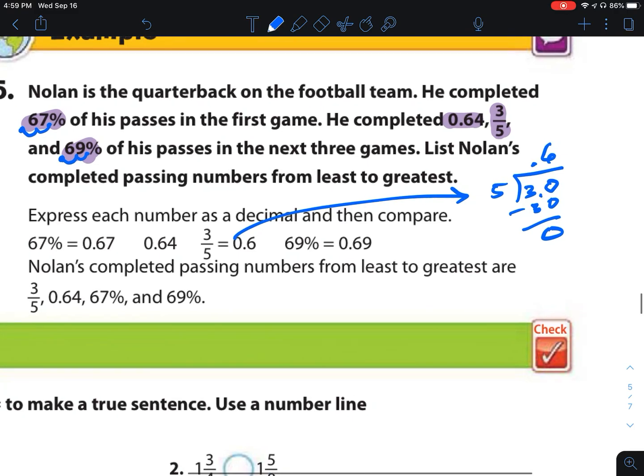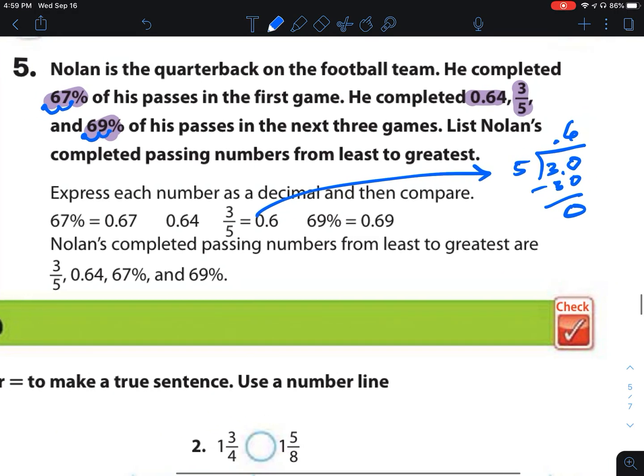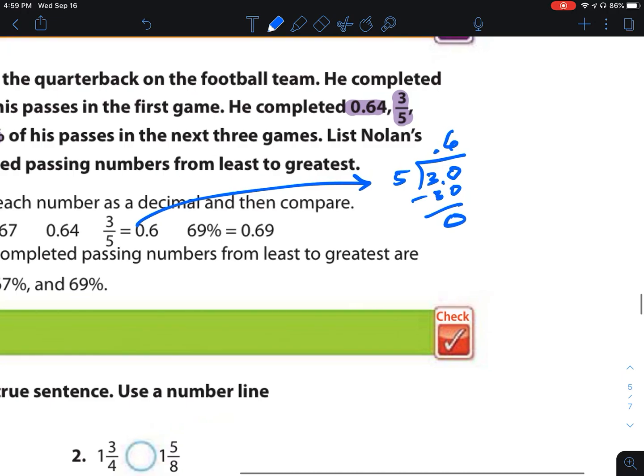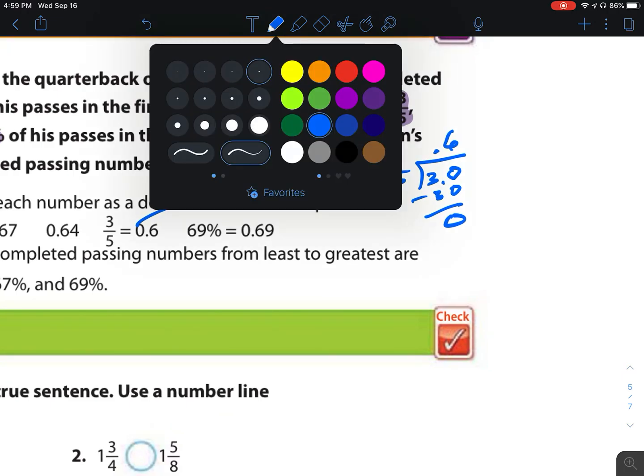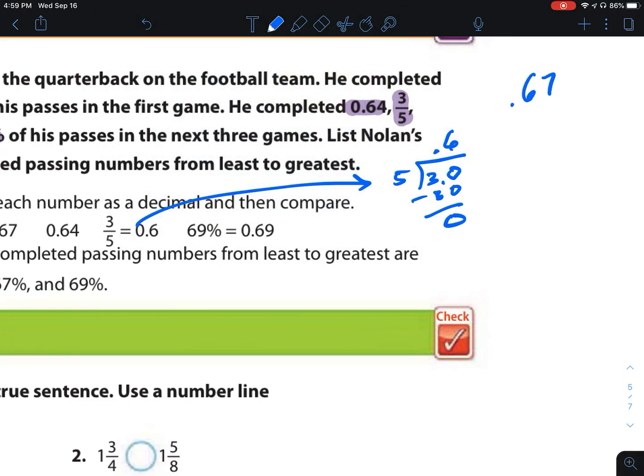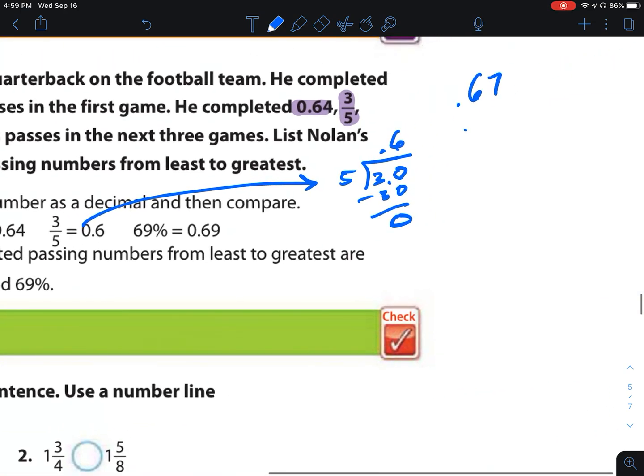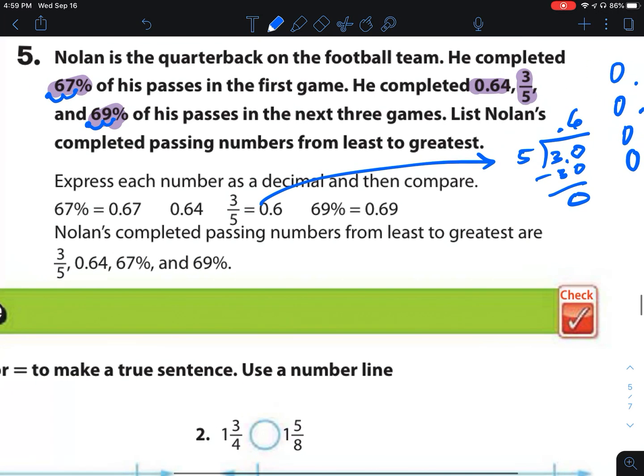And if we line them all up, I have 67%. I'll write down all the decimals, 0.67, 0.64, 0.6, and 0.69. These are the decimals written down here.